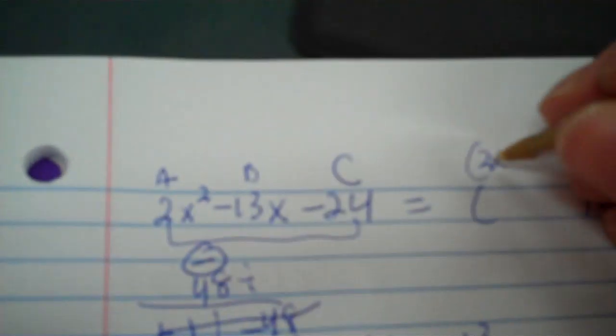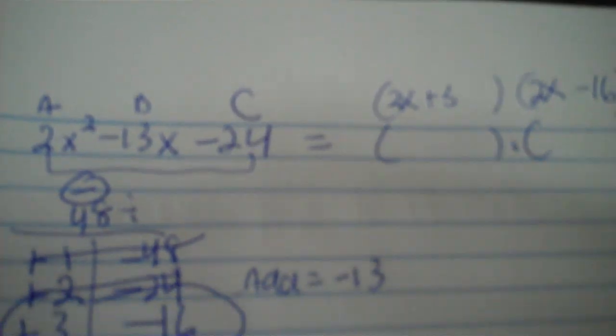But my a is not 1, okay, so I can't get rid of it. So I go above the parentheses and put a 2 and a 2, followed by an x, x, and then the plus 3 minus 16 you got from your table. Okay, so 2 and 3, the greatest common factor is 1, so we would just leave that.